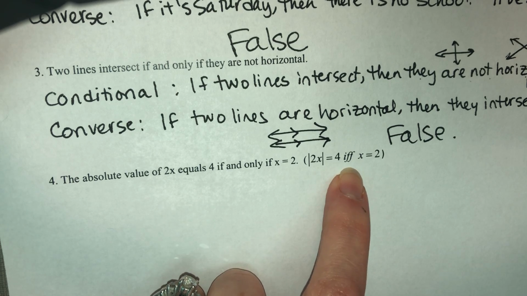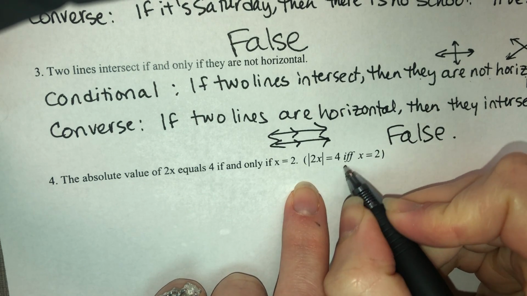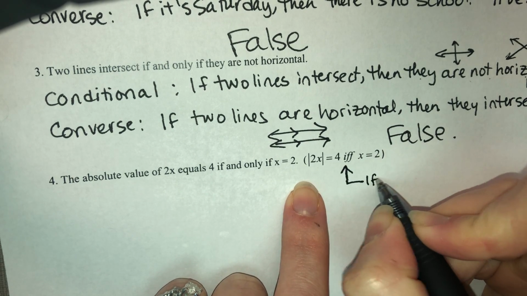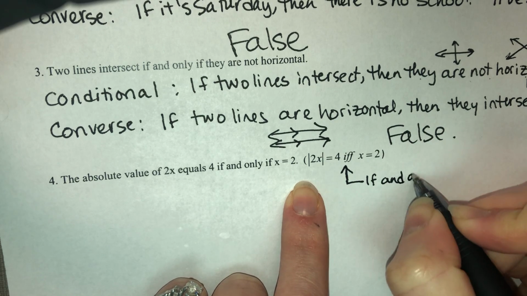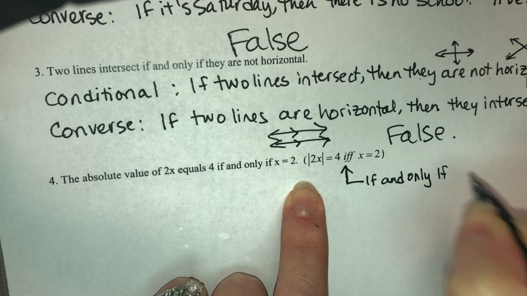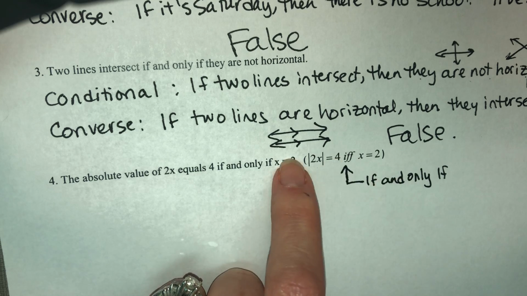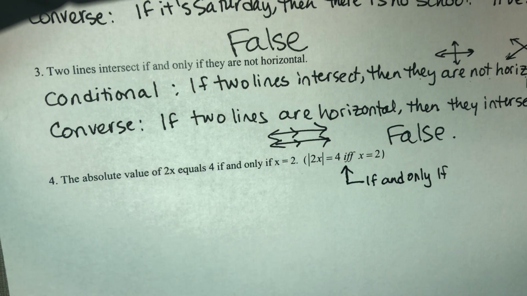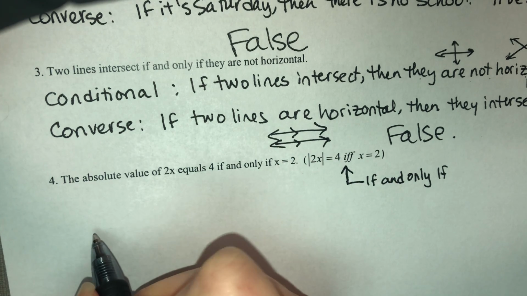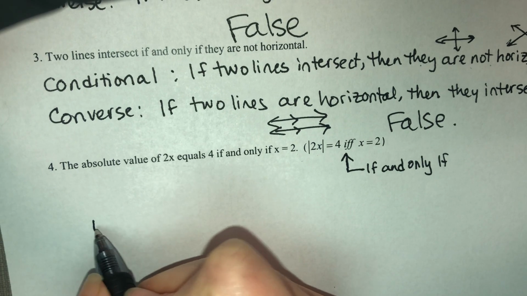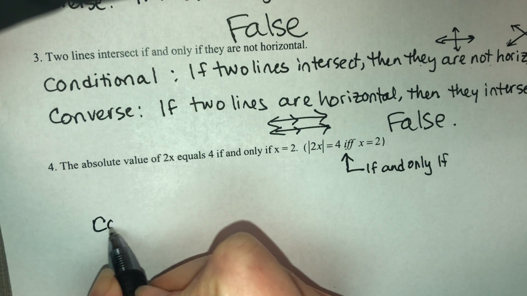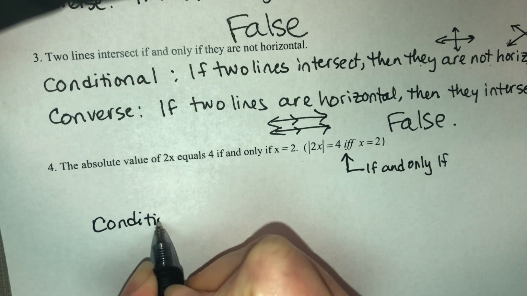It's a shorthand notation for if and only if. So if you see that, it's a biconditional statement and it needs to be true both ways. So we're going to write it as a conditional and as a converse.